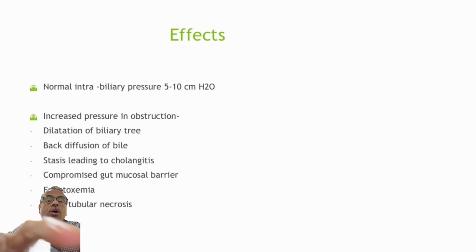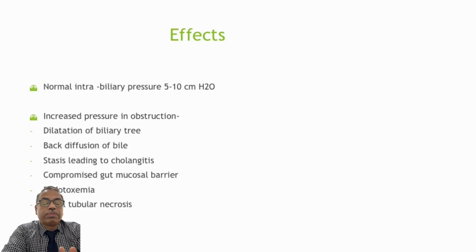Now, the normal intrabiliary pressure is 5 to 10 centimeter of water. Sometimes what happens, when there is an obstruction to the flow of bile, there is an increased pressure in the intrabiliary tree, and this pressure may go beyond 10 to 15 centimeter of water.